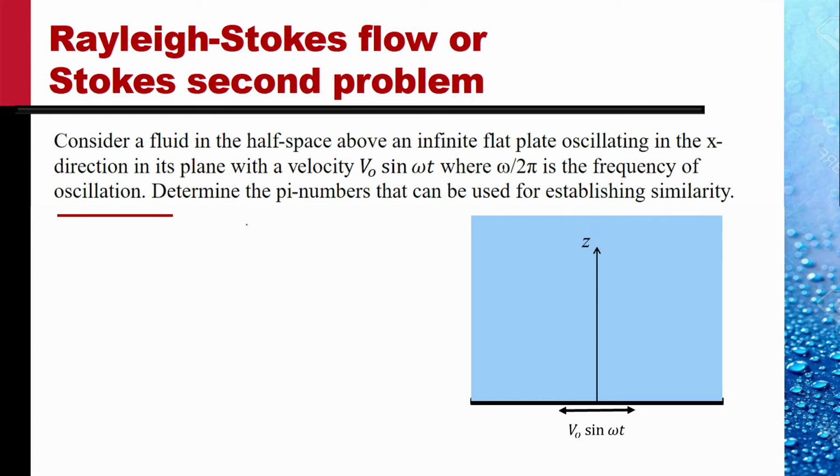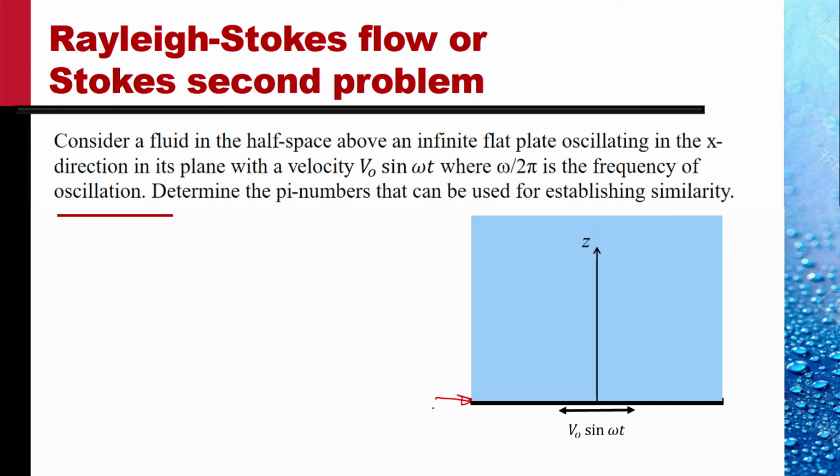We have a flat plate which is oscillating in a liquid which was initially quiescent, not moving at all, and this plate is vibrating at a speed which is given by V0 sin omega t. That is, with an amplitude V0 and a circular frequency omega.